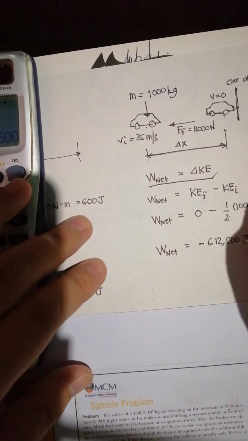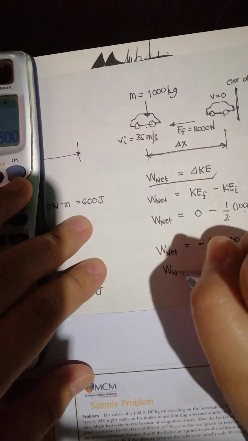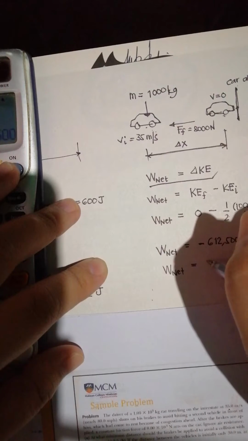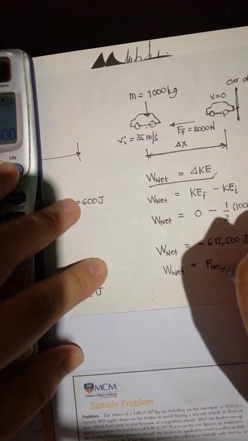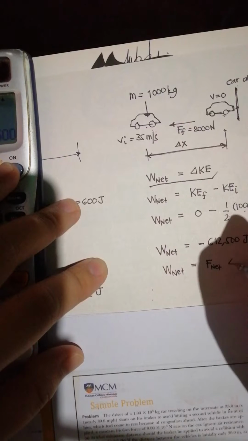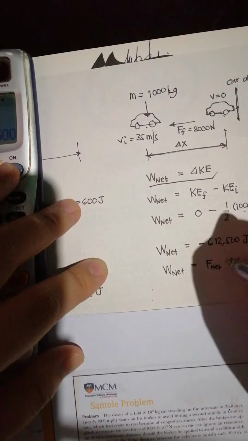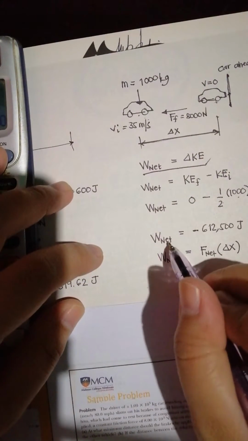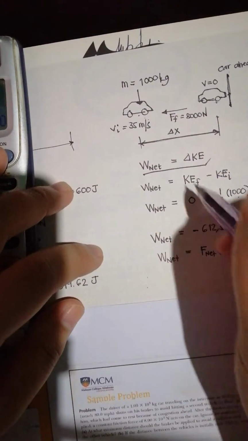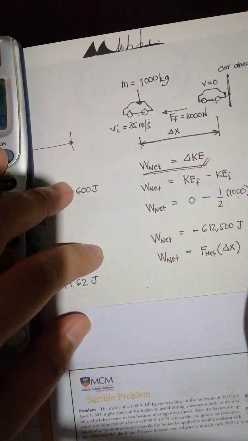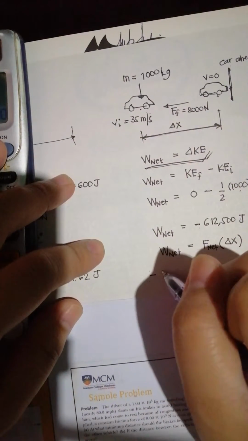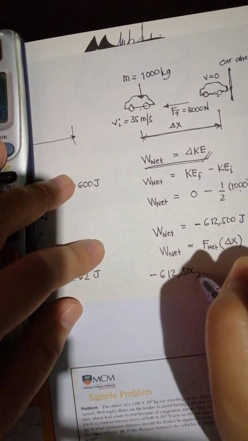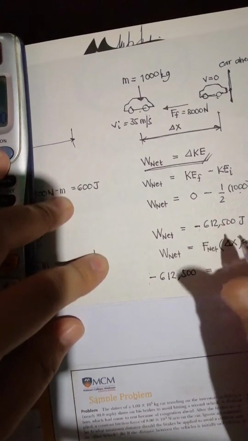Now we all know that net work is also equal to the net force applied on the object times the displacement because of that net force. Since we already got the value of the net work using the change in kinetic energy, we equate negative 612,500 joules to the net force.